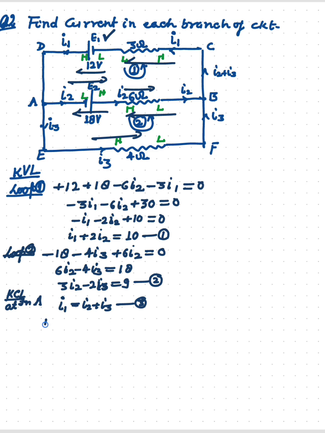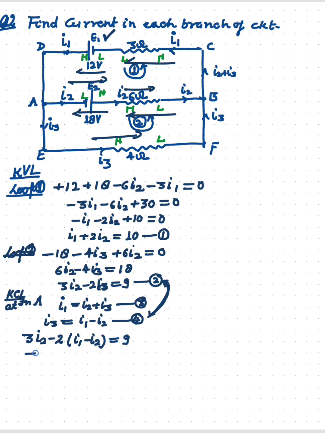And from here we can write I3 equals I1 minus I2. This is equation 4, suppose. Now put this value of I3 in equation number 2. Clear? From equations 2 and 4: 3I2 minus 2 times I3, which is I1 minus I2, equals 9.